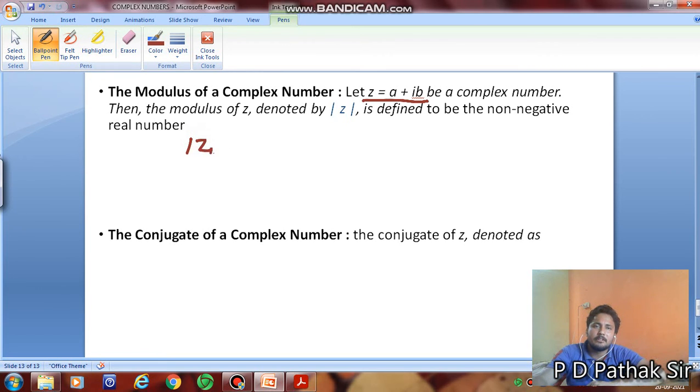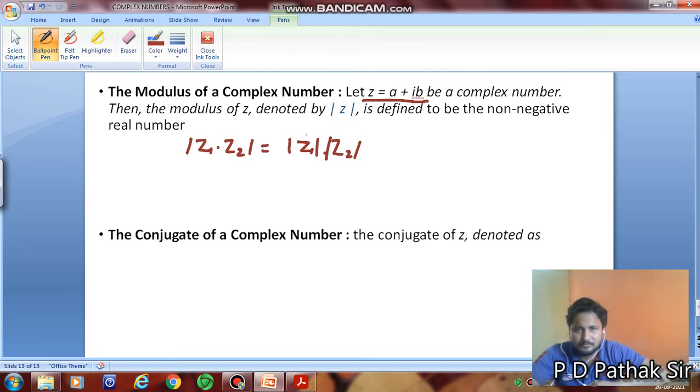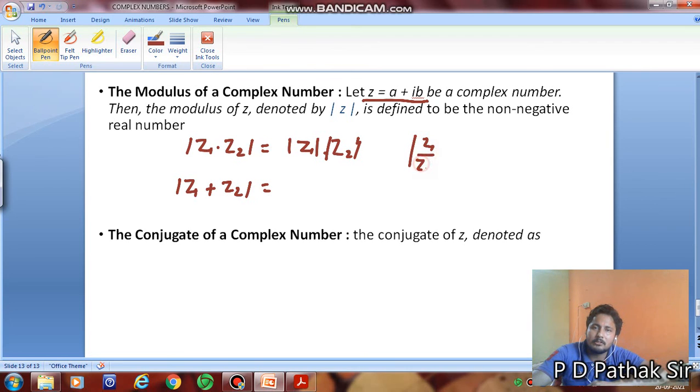If z1 and z2 are two complex numbers, then the modulus of z1 into z2 will be the modulus of z1 into the modulus of z2. You can take them separately. Similarly for z1 upon z2.